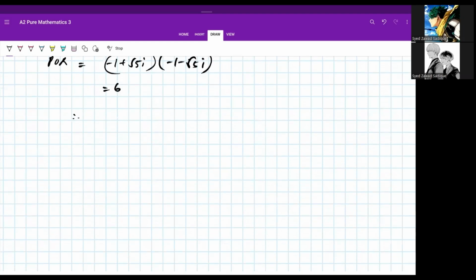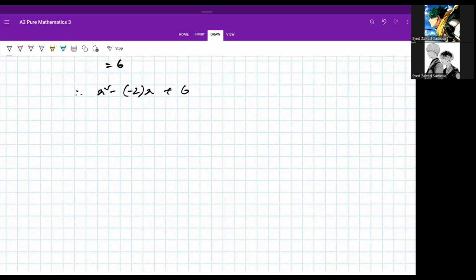Therefore, we can say x squared minus (minus 2)x plus 6, which is equal to x squared plus 2x plus 6.